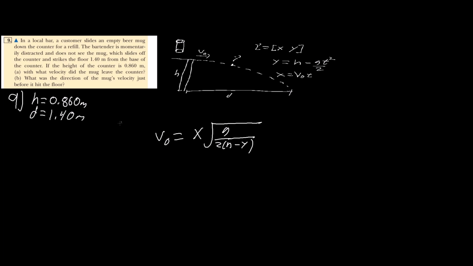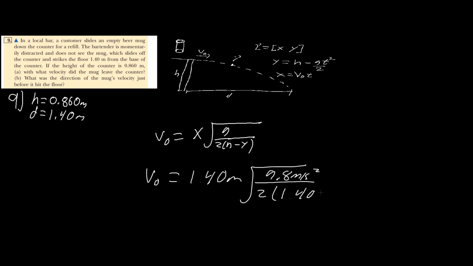So once you put this equation here, let's get the velocity. The velocity of this component is going to be 1.40 meters times the square root of 9.8 meters per second squared divided by 2 over the difference between the height, where Y is just going to be 0, so that's just going to be 1.40 meters. And the units should cancel out. This would have seconds in it, yeah, so it does match. Okay, so we're going to put this in the calculator, folks. We're going to put X as 1.40.